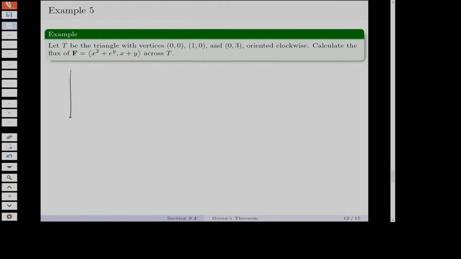So let's suppose that I have a star region, a triangle with vertices 0, 0, 1, 0, and 0, 3. Okay, oriented clockwise.